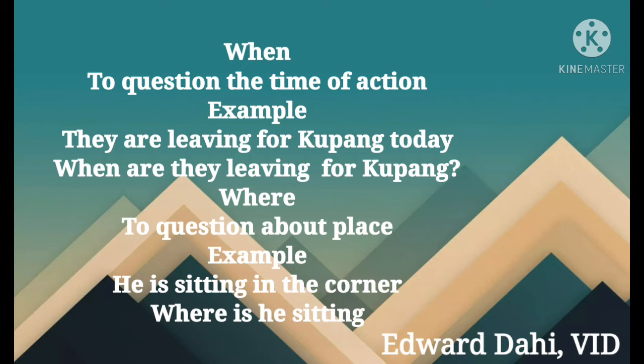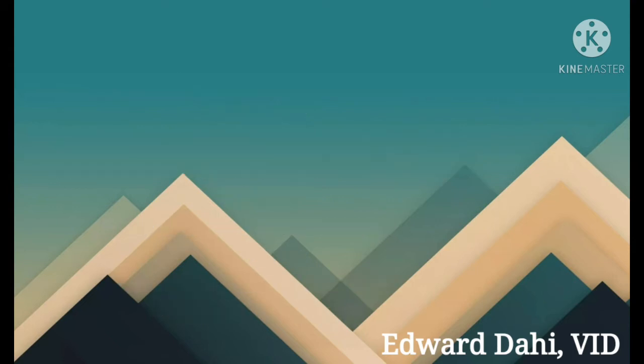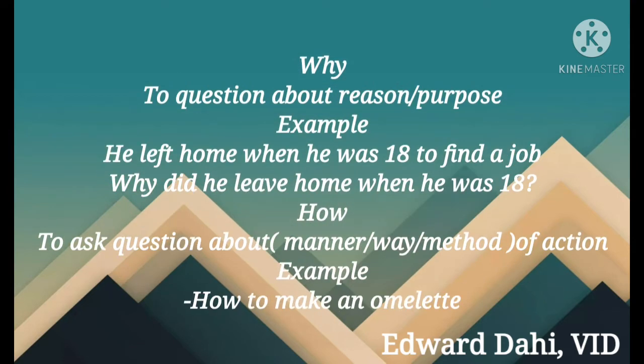And the next one, where. Where is the question to ask about the place. For example, he is sitting in the corner. The question is, where is he sitting? Why. Why is the question to ask about the reason or purpose.